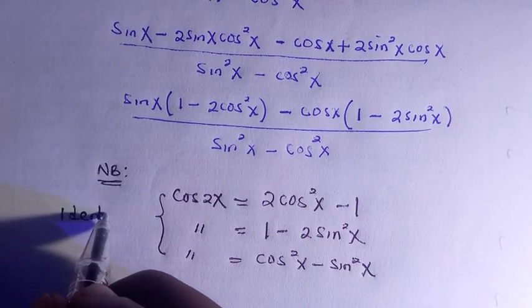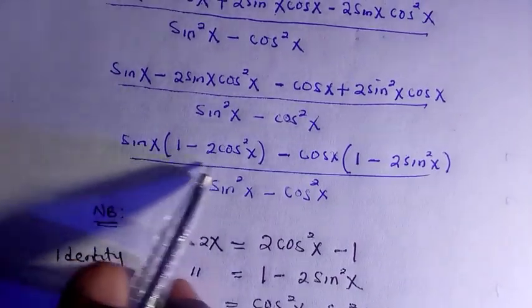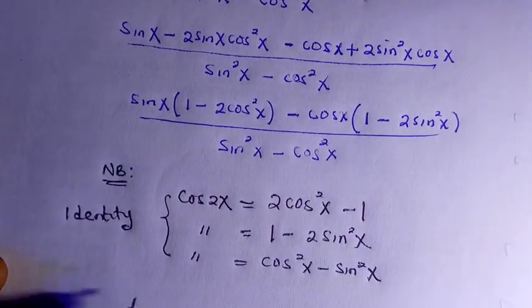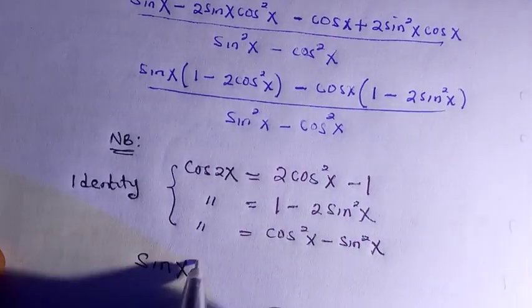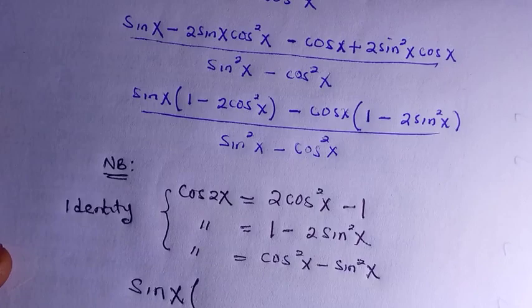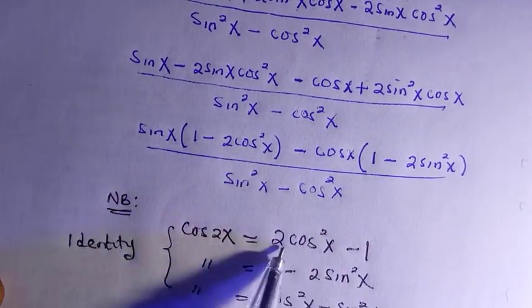Okay, so let's see how to use all these in the above lines. We have 1 minus 2 cos square x, but what we are given here is 2 cos square x minus 1. So what we are going to do is change this to negative, to make this look like 1 minus 2 cos square x.